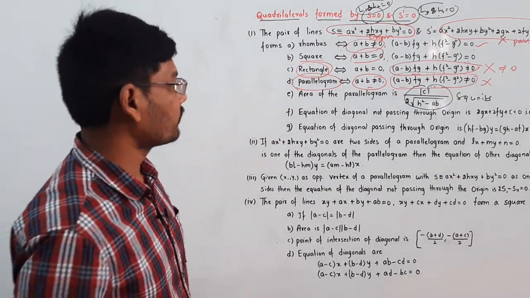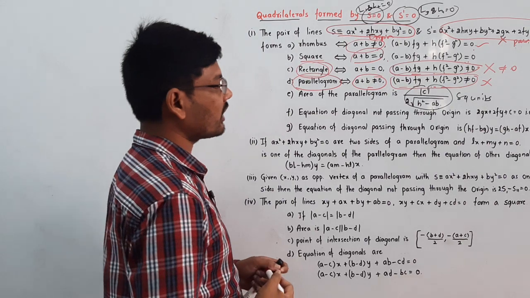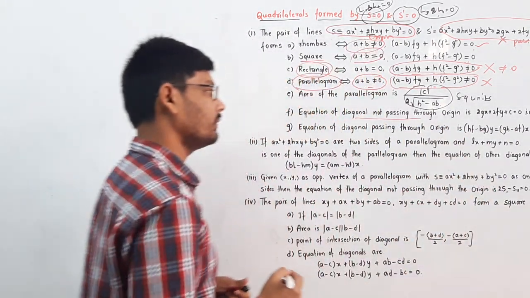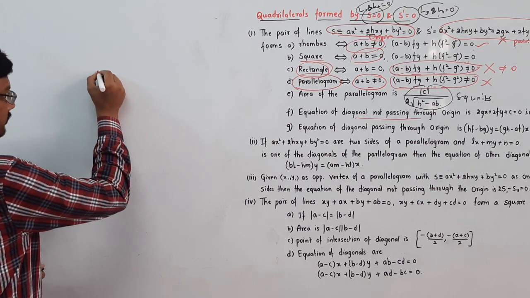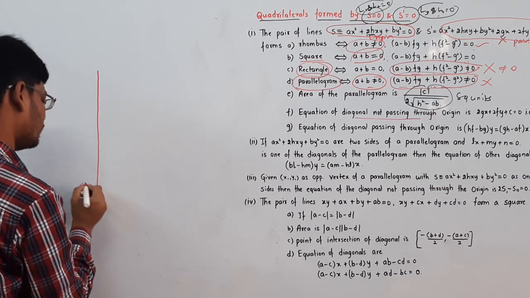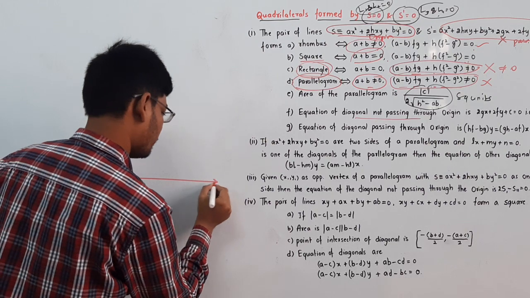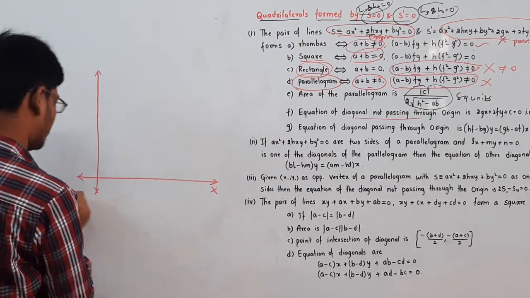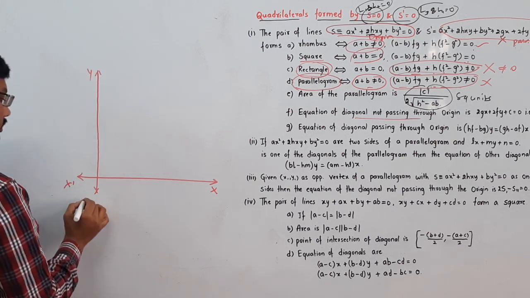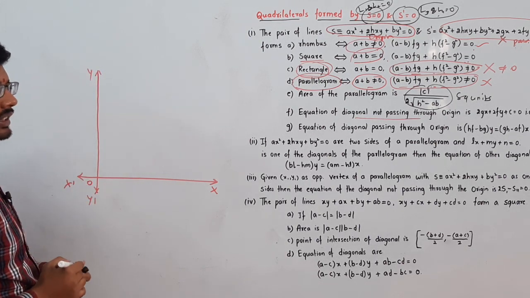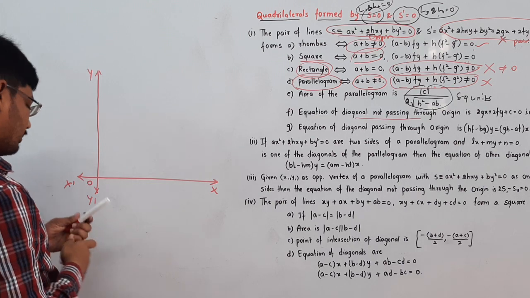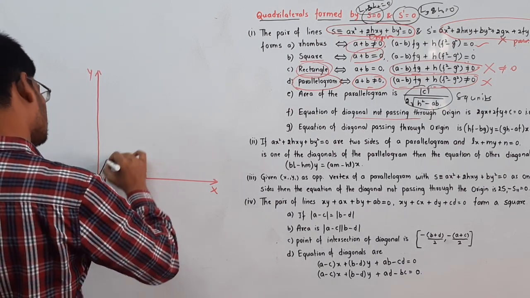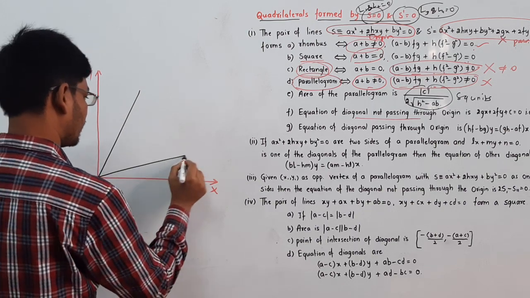And the next one: if the equation of the diagonal is not passing through origin, then the condition. Here, listen carefully. This is a pair of straight lines, this is x dash and this is y dash, and this is origin. I am taking these two lines passing through origin.